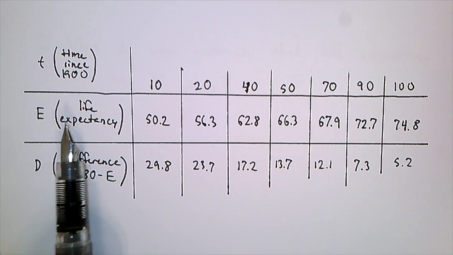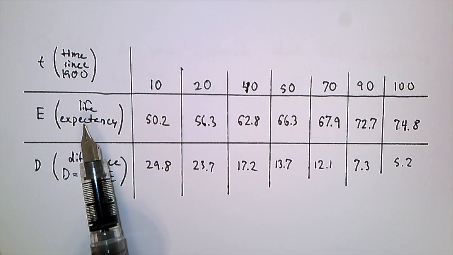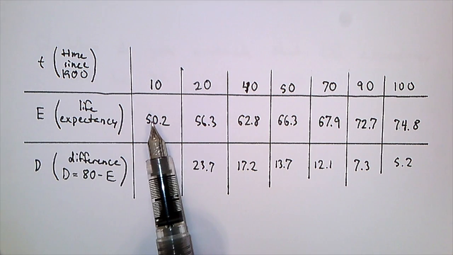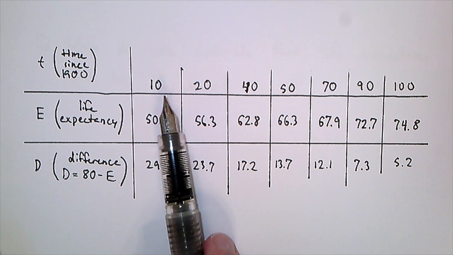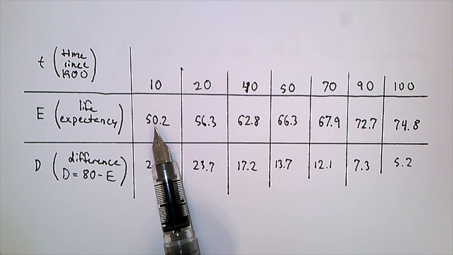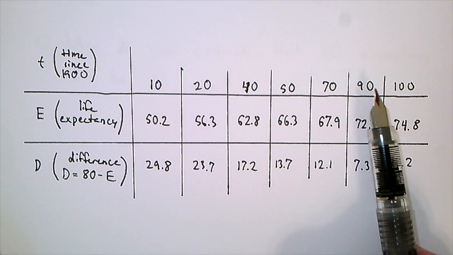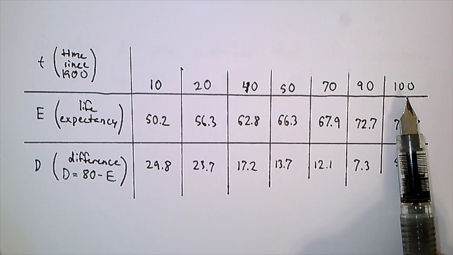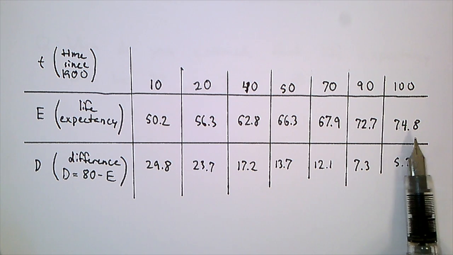In the second row, we see E, that's my name for life expectancy, and these are given in years. So in 1910, the life expectancy for a white male was 50.2 years. And in 2000, the most recent piece of data, the life expectancy for a white male was 74.8 years.